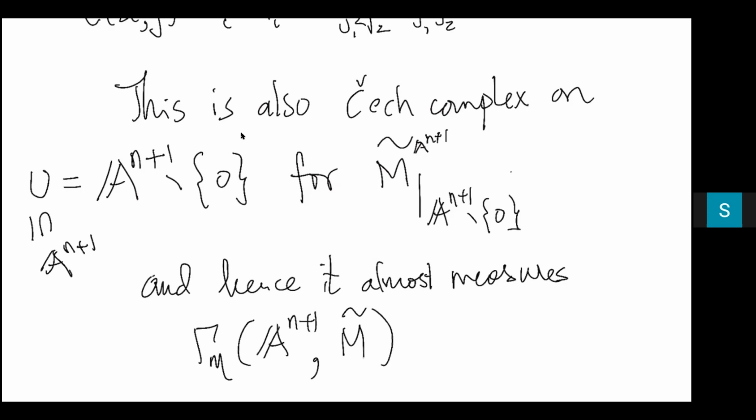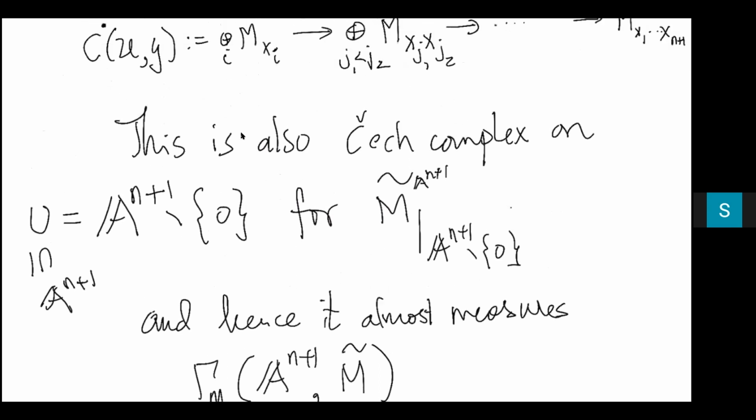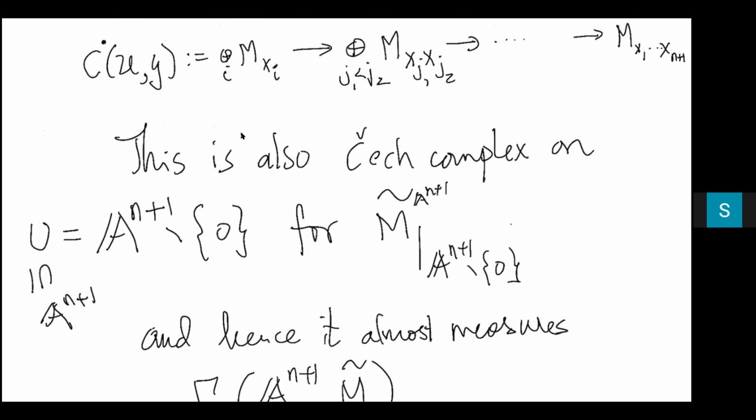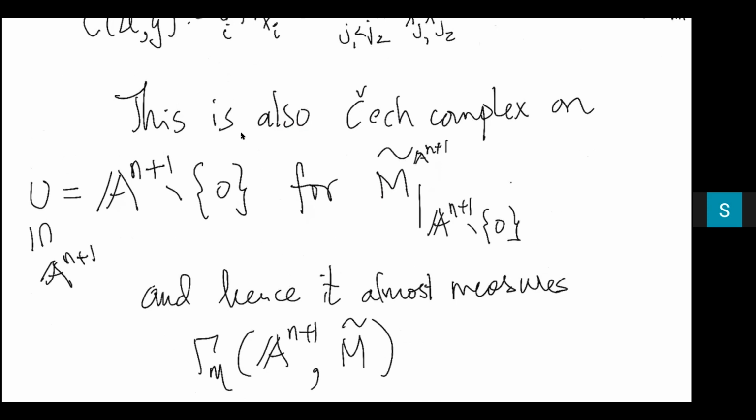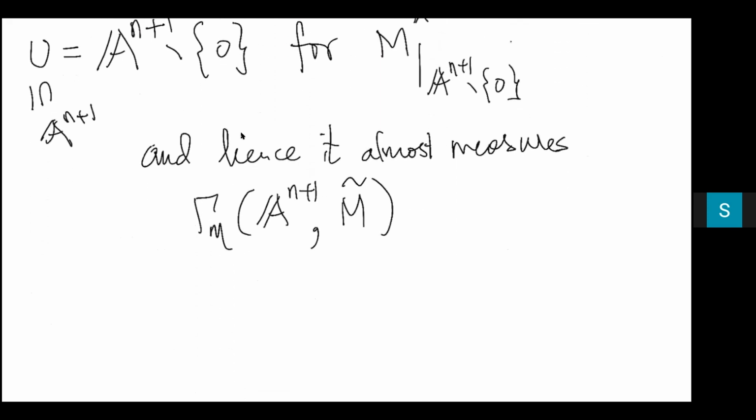So how do I quantify what I mean by "almost measures"? Essentially, you just use the fact that this is the Čech complex of the open cover U. So what it's really measuring is H^i Gamma_U of M tilde.